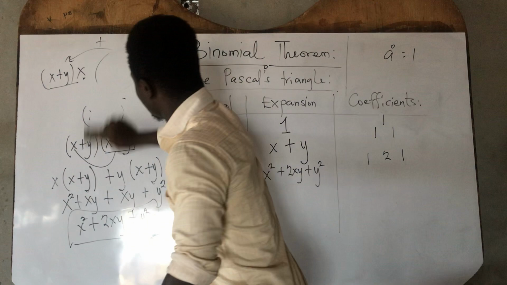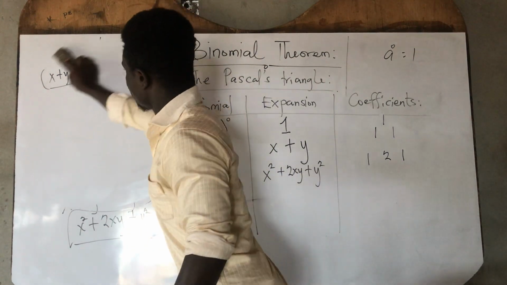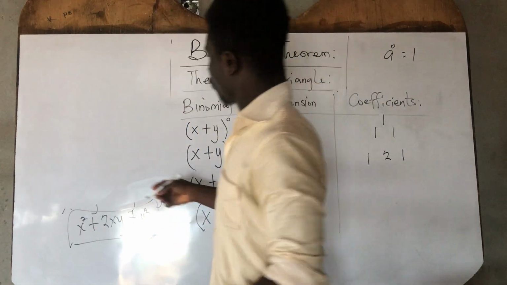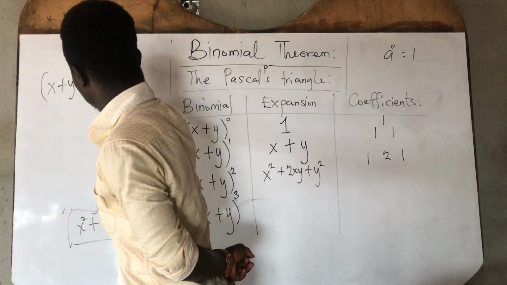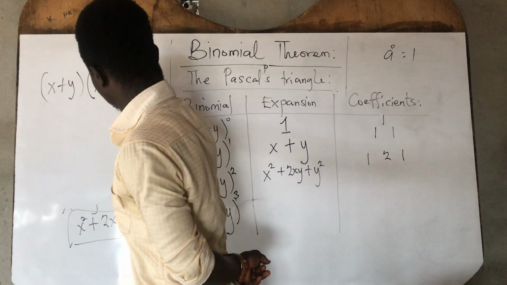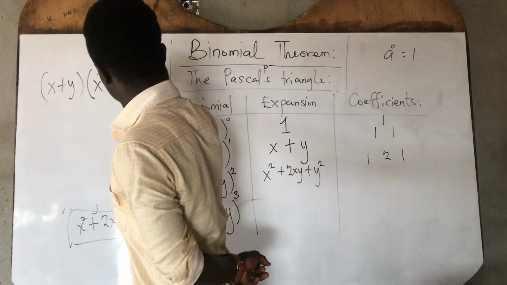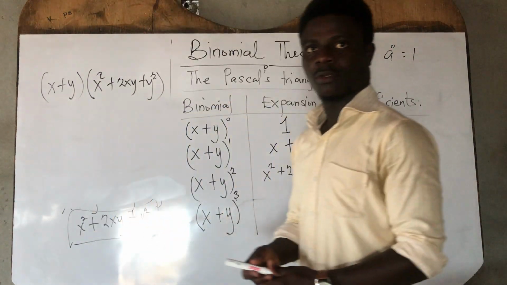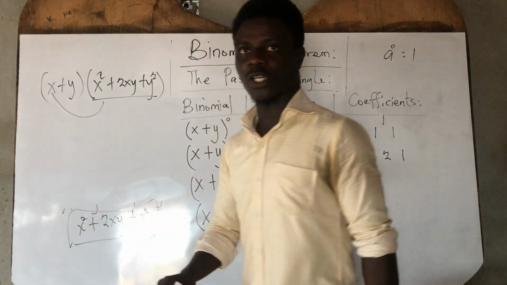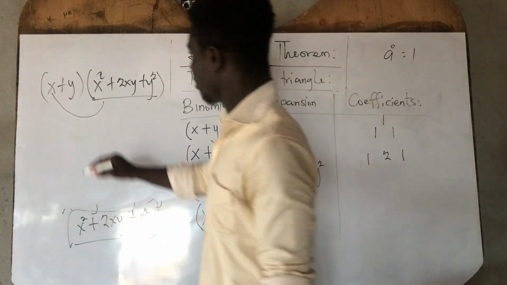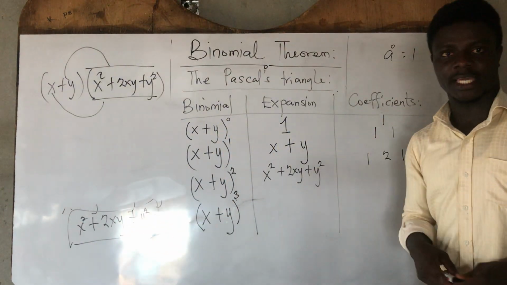So I have x plus y multiplied by x squared plus 2xy plus y squared. This x multiplies the whole expression inside the second bracket, then this y multiplies the whole expression again.